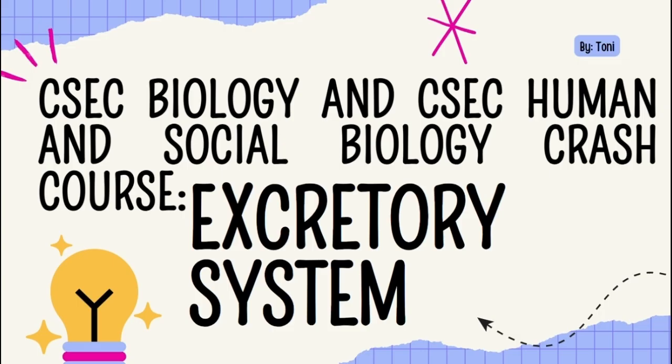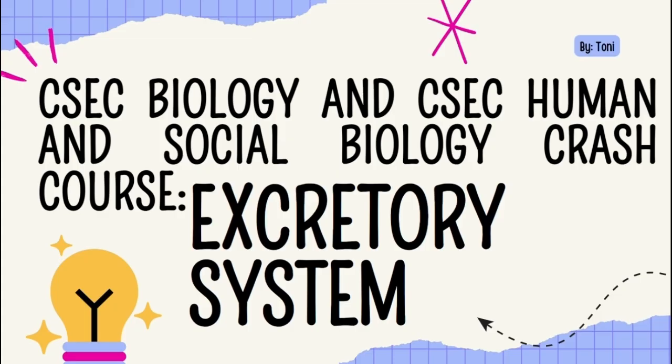I don't remember exactly what the question was, but as you can see, especially for HSB, this excretory system is going to come in handy, especially when they give you a scenario and you have to know how the excretory system works. You can say, oh, this is what's happening based on what the scenario tells me, right? So it's important, especially for HSB.